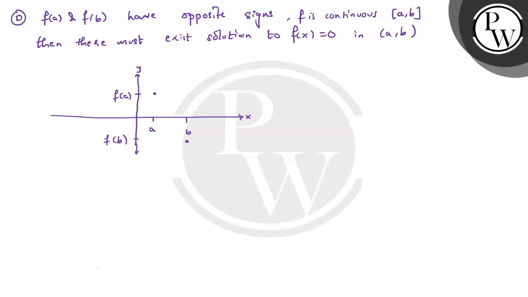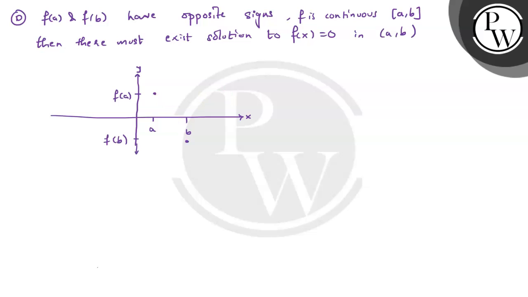Understand that we want a continuous function. The graph of a continuous function is drawn without lifting our pen. If we lift our pen, we get a break point, that is a jump, and this denotes discontinuity, but we do not want discontinuity.